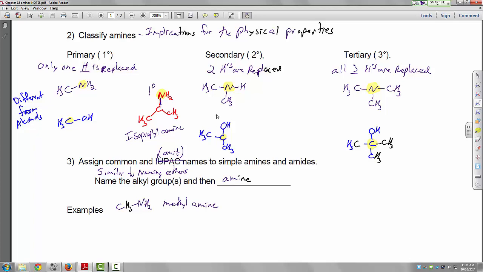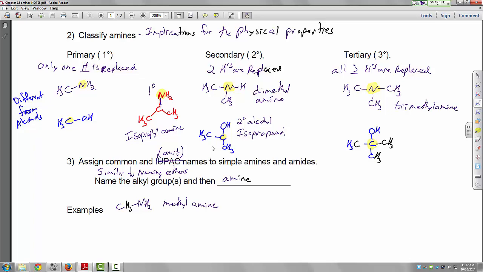Notice this is isopropyl alcohol, but this is a secondary alcohol. Isopropanol. Okay. Now for this secondary amine up here, we have two methyl groups, so this would be dimethylamine. And here we have three methyl groups, so trimethylamine.